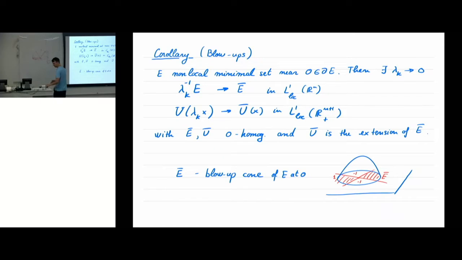So you think I have a minimal set here that looks like this, right? And you pick a point. When I zoom in more and more and more, I expect what? Well, maybe I expect, right, this picture.